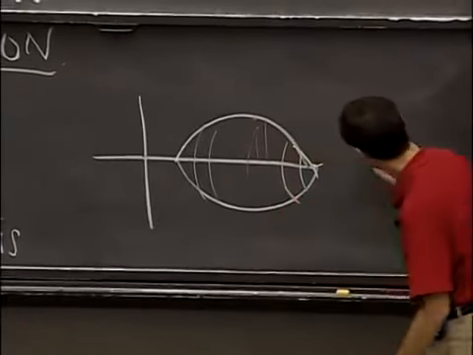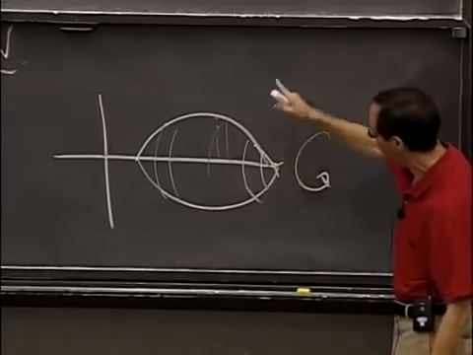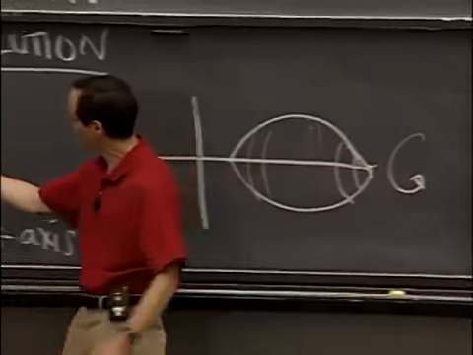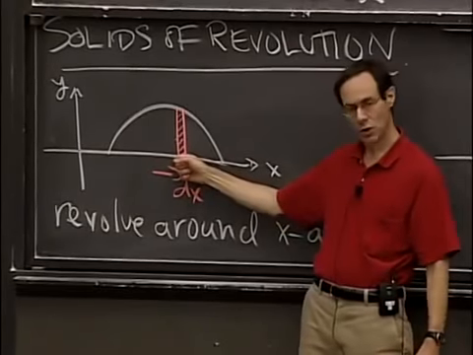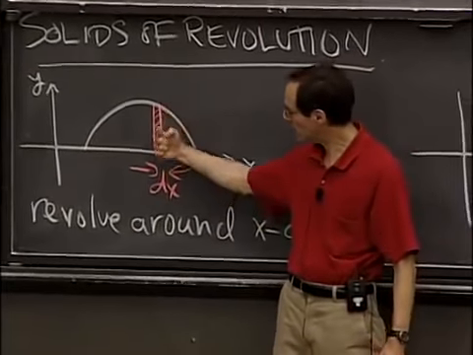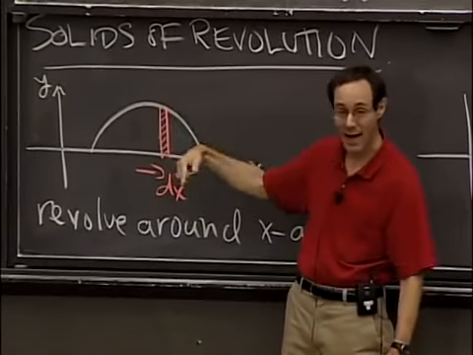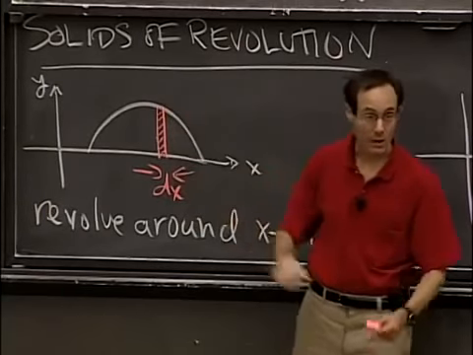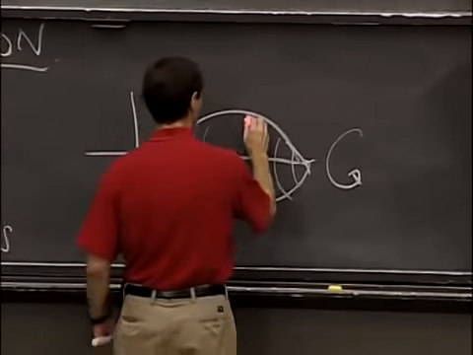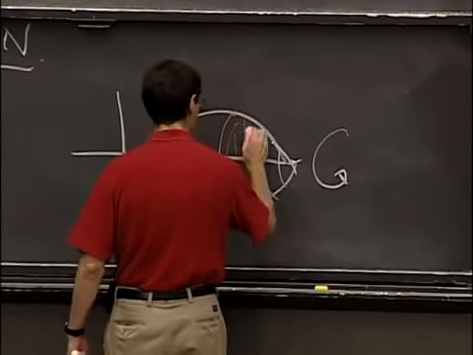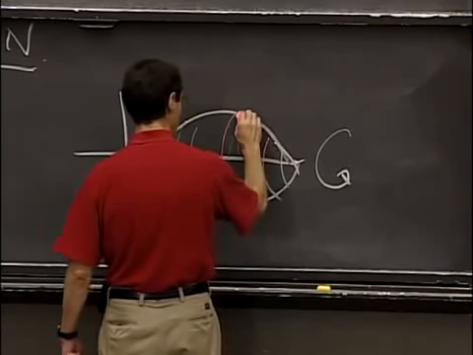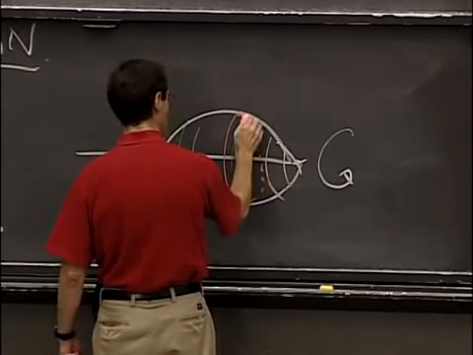We're revolving around the x-axis, so it's spinning around this way. And if you take this and think of it as being on a hinge, which is down on the x-axis, it's going to swing down and swoop around and come back, swing around. And that traces out something over here, which I'm going to draw this way. It traces out a disk.